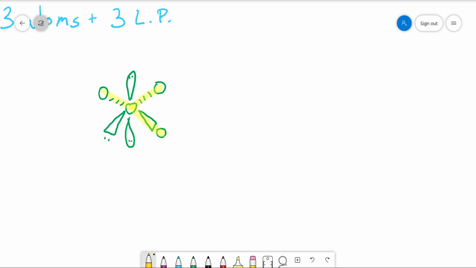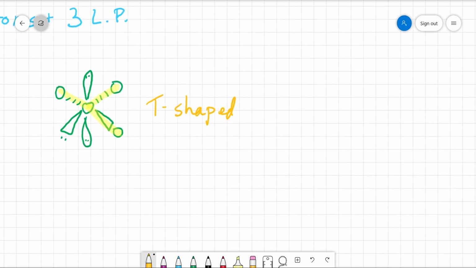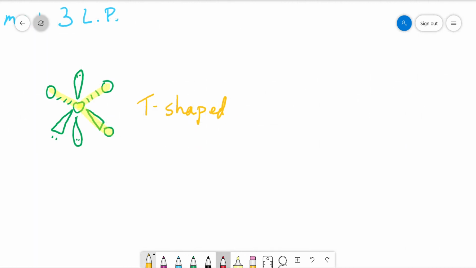Well, that's a T shape. Again, it's T-shaped. Notice we can get T-shaped 2 different ways. We can get linear 2 different ways. We can get bent 2 different ways. So you really have to practice these to not get them confused with each other.